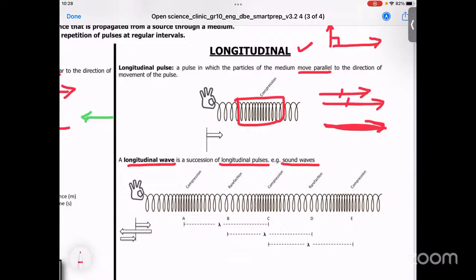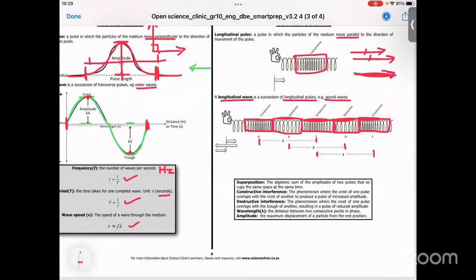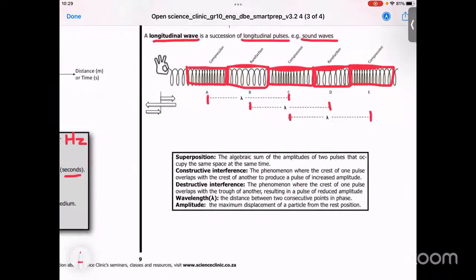A pulse, many of those, becomes a wave. You will notice compression, rarefaction, compression, rarefaction. In terms of wavelength, it goes from compression to compression, rarefaction to rarefaction, and so forth. Straightforward.